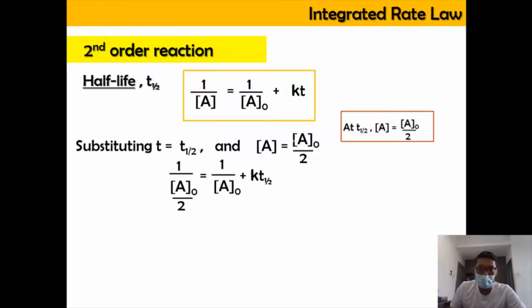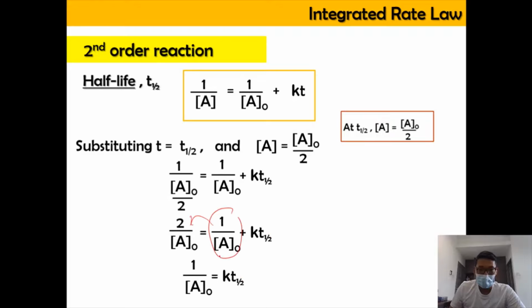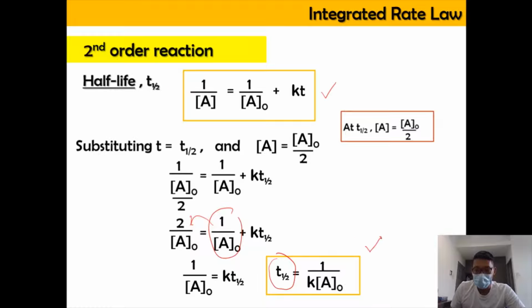So [A] = [A]₀/2, and 1/([A]₀/2) = 1/[A]₀ + kt½. So 2/[A]₀ = 1/[A]₀ + kt½. Bring this term to the left-hand side and you get kt½ = 1/[A]₀. So t½ = 1/(k[A]₀). This is the half-life of the second-order reaction. This one is important, and this one is also important.